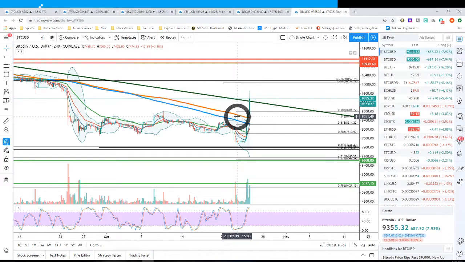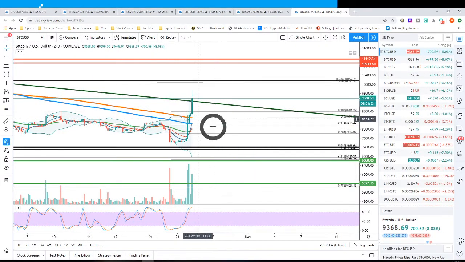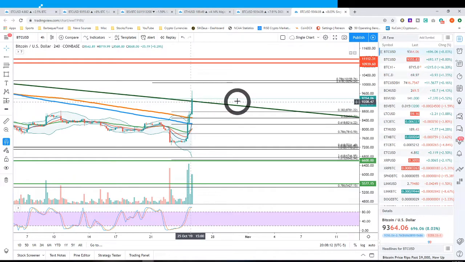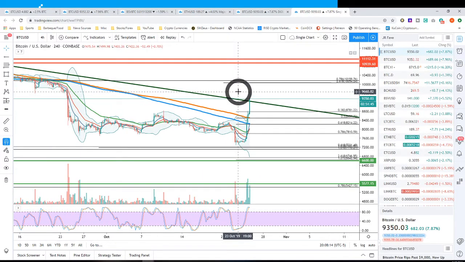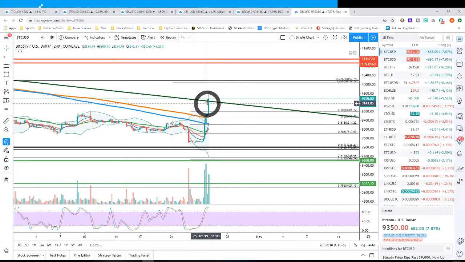Guys, it's hard. It's a hard decision because this is a parabolic move, right? And if we haven't learned anything from parabolic moves, then it's a bad deal, right?